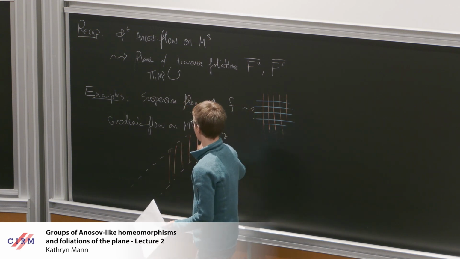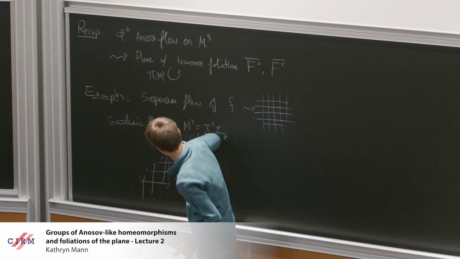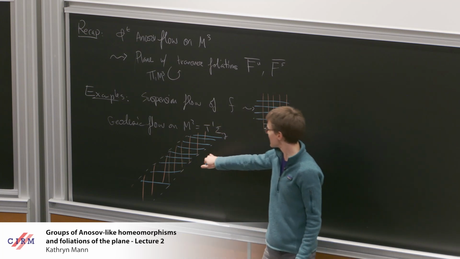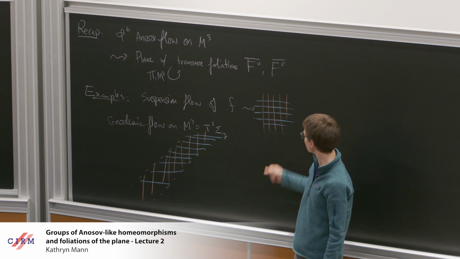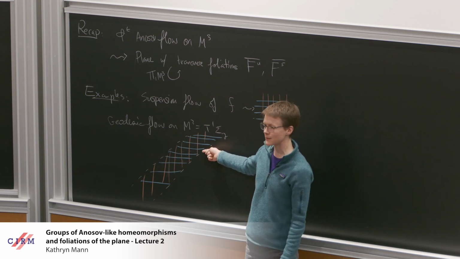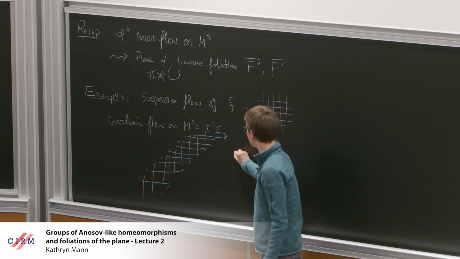The strip is homeomorphic to the plane, so this is a valid definition of a plane with two transverse foliations. And of course, this is not isomorphic to the trivial one, in the sense of a homeomorphism sending foliations to foliations, because here every leaf of one meets every leaf of the other, and here this is just not the case.